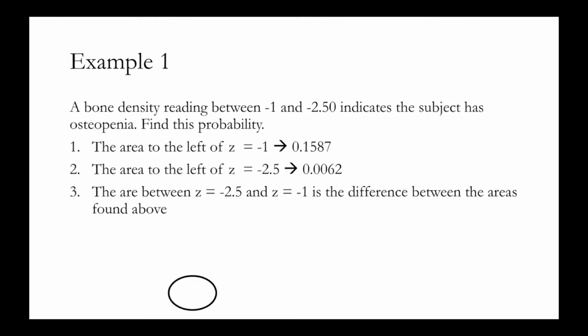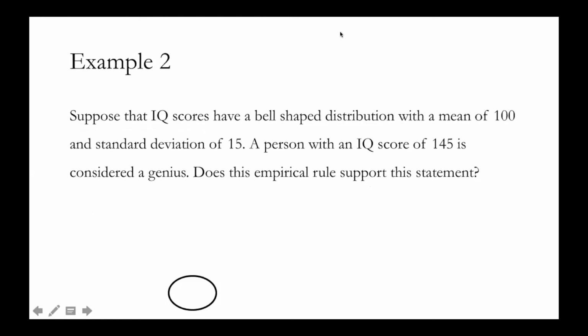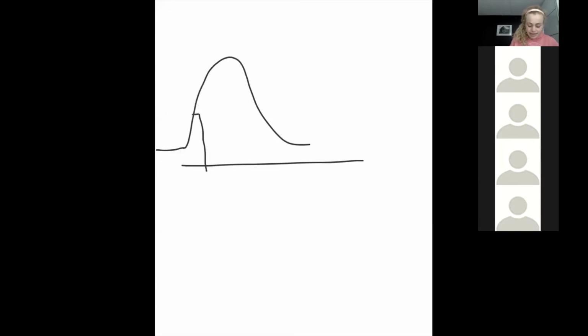So in this exercise, we have this area, and we know here that z is equal to -1, and this area is equal to 0.1587.